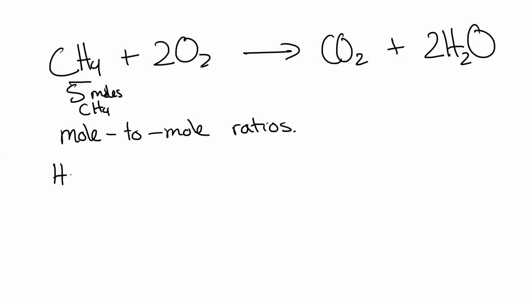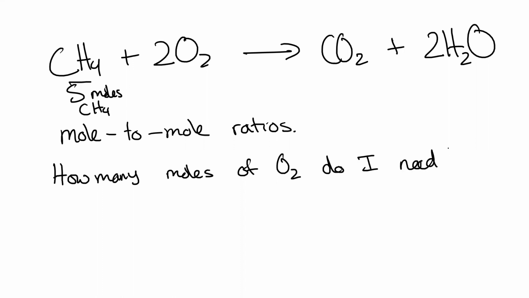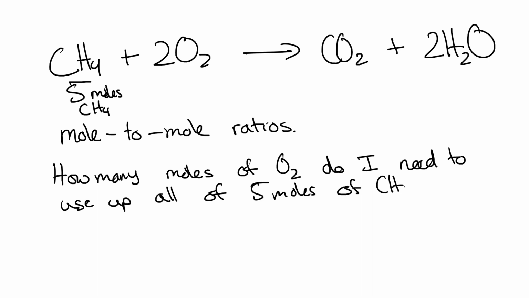I can ask questions like, how many moles of O2 do I need to use up all of the 5 moles of CH4? I can ask that question, and knowing how to utilize a mole to mole ratio, you can actually answer that question.